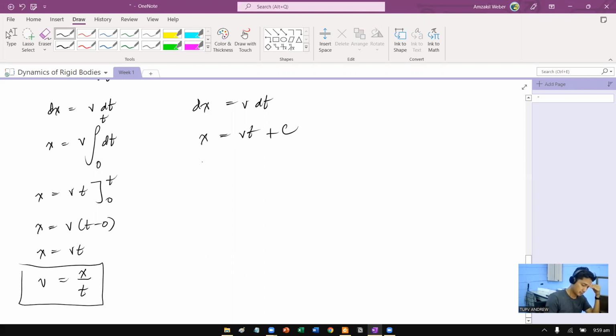So for example, t is equals to 0, x is equals to 0. Therefore, plugging in, x is 0, v times 0 plus c. Therefore, c is equals to 0. Then our final equation is x is equals to vt.